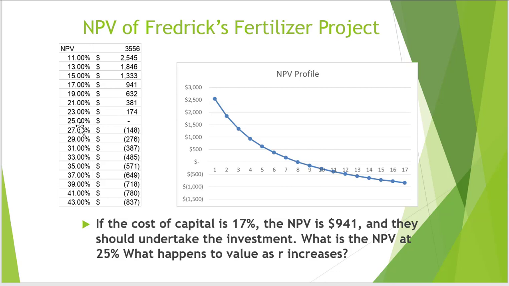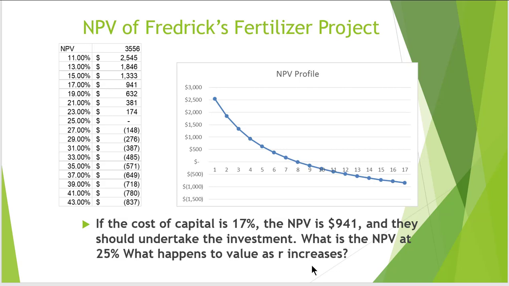What if it's 25%? At 25%, the net present value is 0. And of course, any higher discount rates will have lower and lower net present values, and now they are negative, which obviously implies reducing the wealth of shareholders and owners.